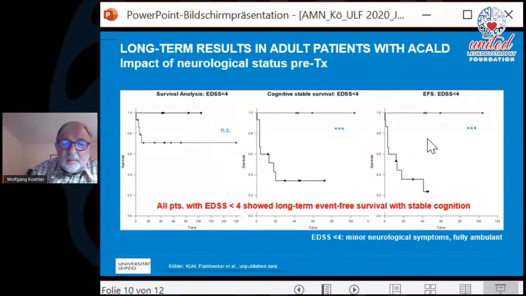So it really depends on your situation before treatment. When you start treatment, it determines the outcome.